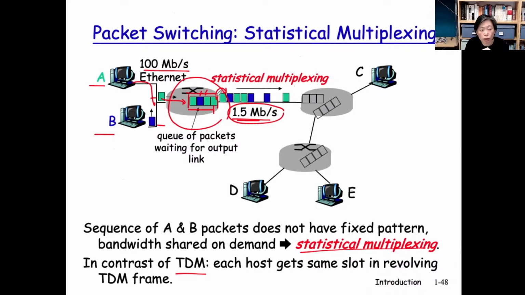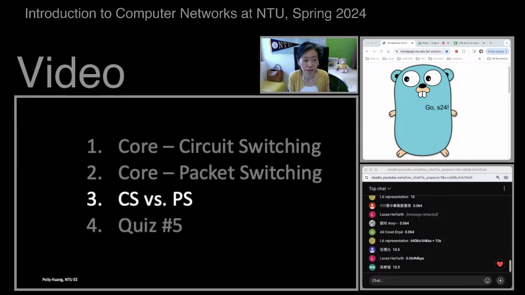But transmission delay, the time it takes to go on this link, is always the packet size divided by what? 1.5 megabits per second. And we use the full link bandwidth. So transmission delay here is very easy to get. All right, so that was packet switching, store and forward, and how chaotic things can be.